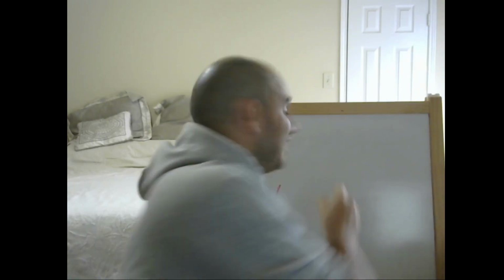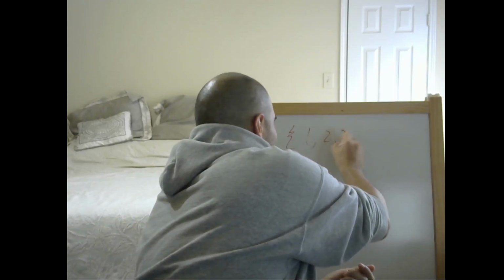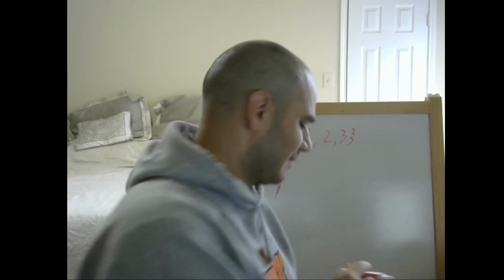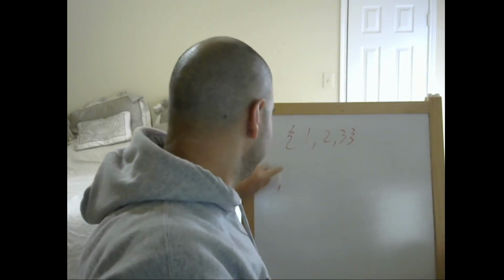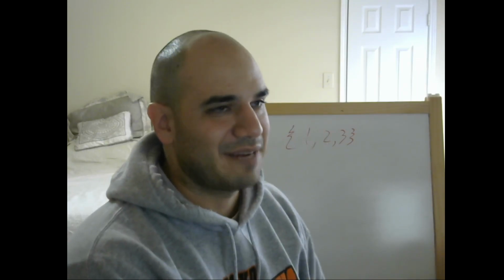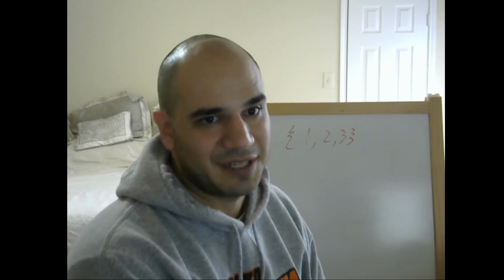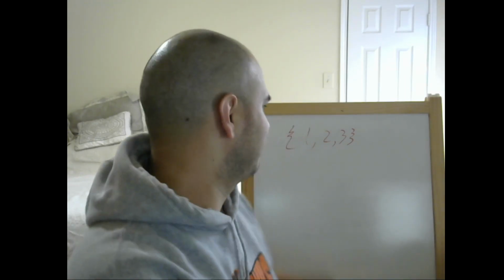Okay, so we have a set, and I want to know how many different ways I can group these sets. So how many different combinations of subsets are there, just pulling elements from these?